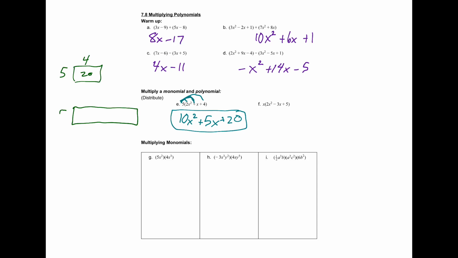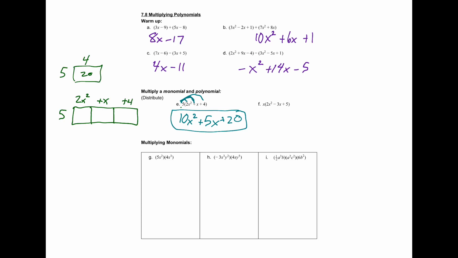So I have my 5 right here, which comes from right there. And then I've got 3 monomials in this problem, okay, or a polynomial with 3 monomials. So I'm going to divide it up into 3 boxes and do 2x squared up on top, plus x is the next one, and then plus 4 is the third one.